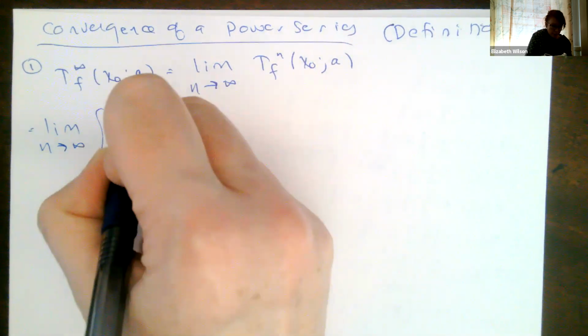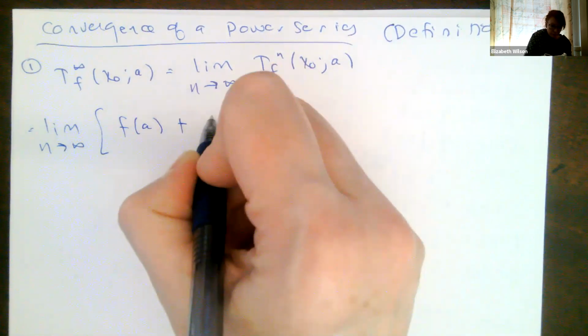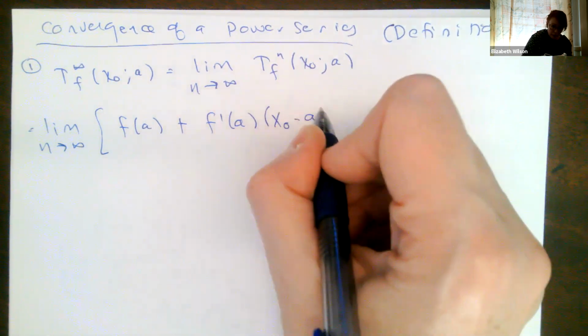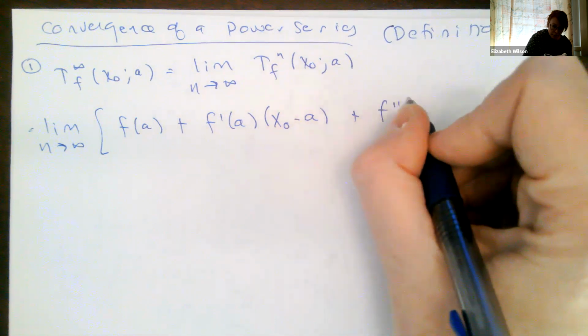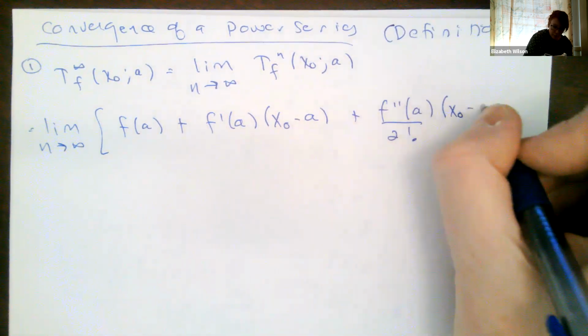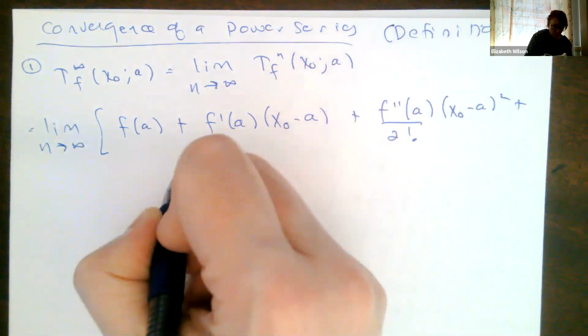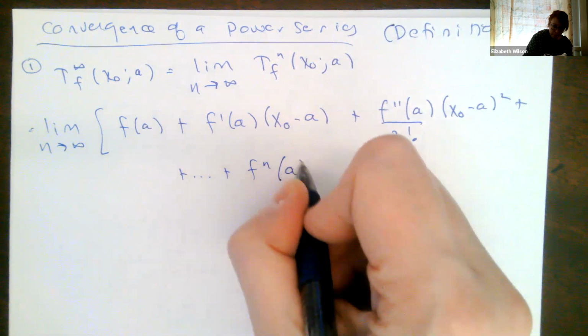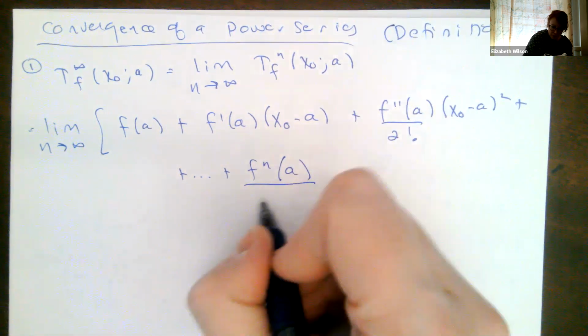So f of a plus f prime of a times x naught minus a, plus f double prime, plus, up to f to the n over n factorial.